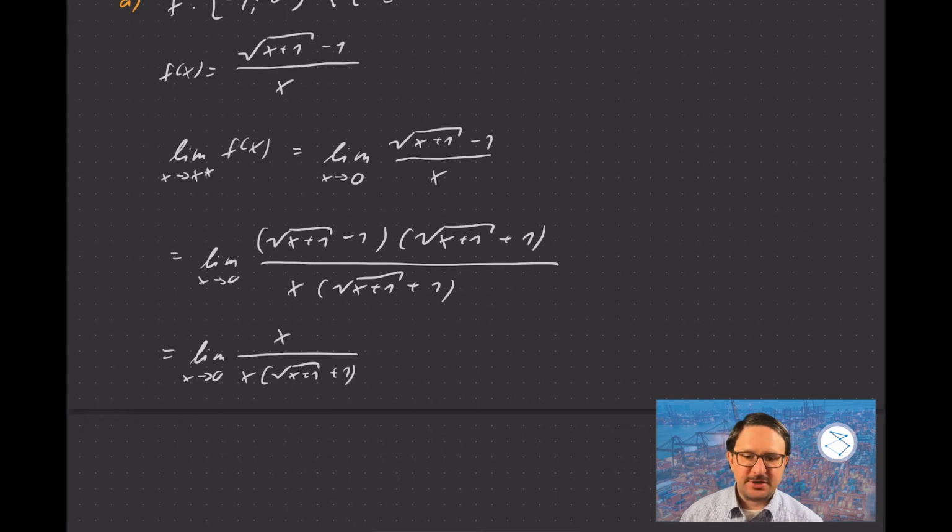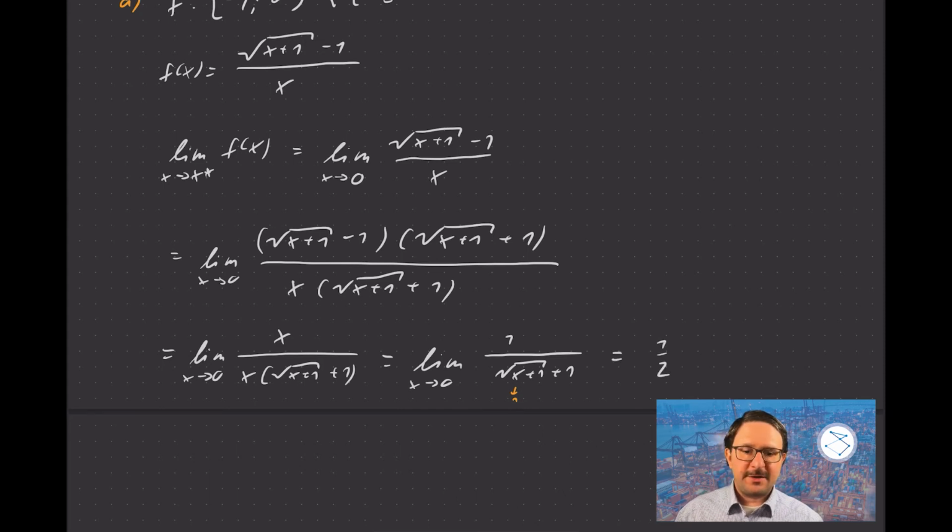So we don't change anything here. And now the x cancels out. And all that's left is a limit of x to 0, 1 over square root of x plus 1 plus 1. And now this term here, this goes to 1. So what we have is in effect 1 over 2.